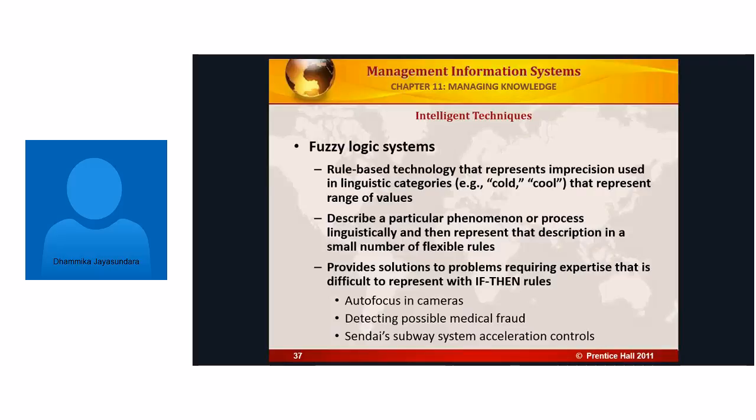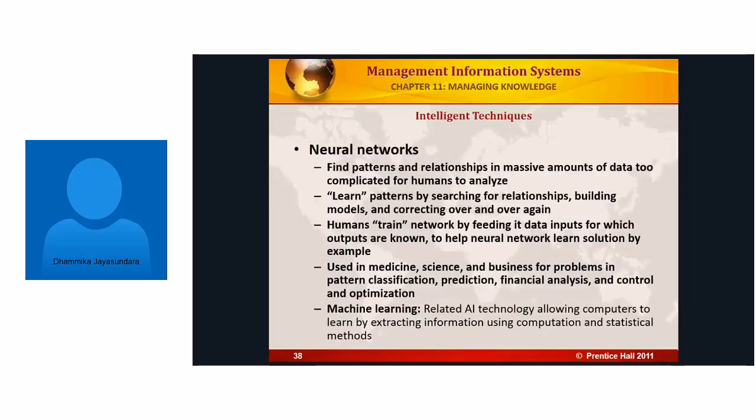And this can be seen in some electronic applications as well. If you have seen, fuzzy logic is used in modern air conditioning systems, refrigerators, and washing machines, right? The next one is neural networks. They find patterns and relationships in massive amounts of data too complicated for humans to analyze.